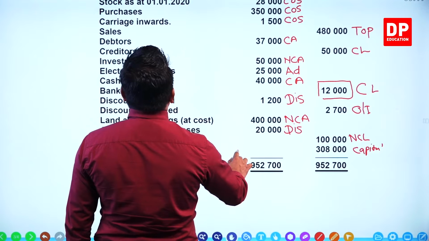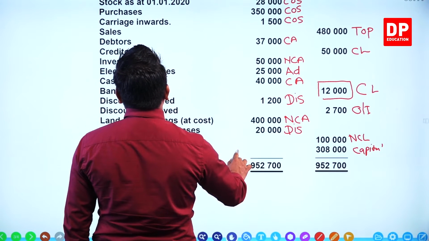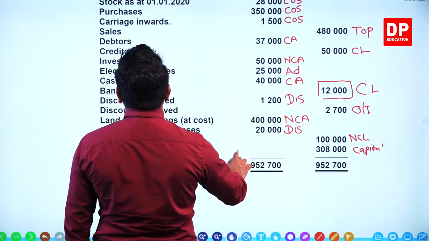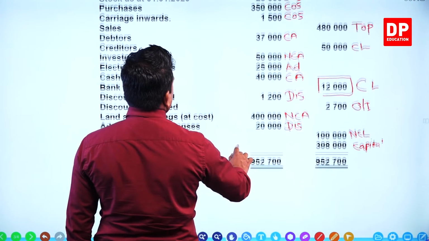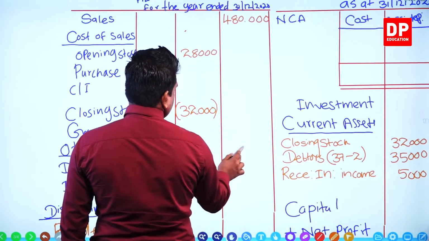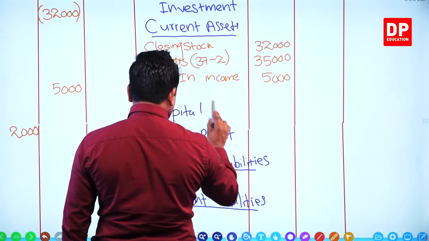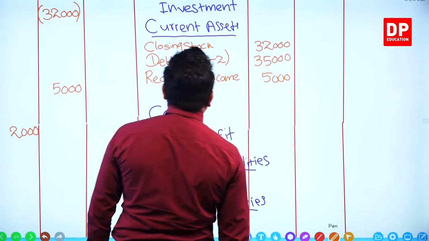Sales we have taken. Debtors also we have done. Creditors 50. Investment also 50. Right? Investment 50. Creditors also 50.